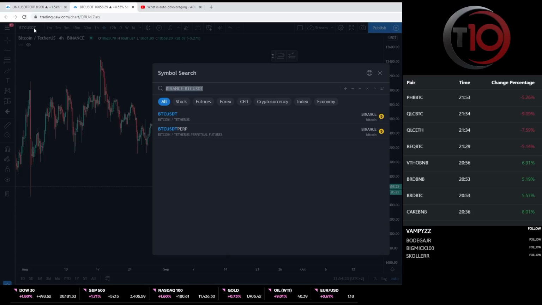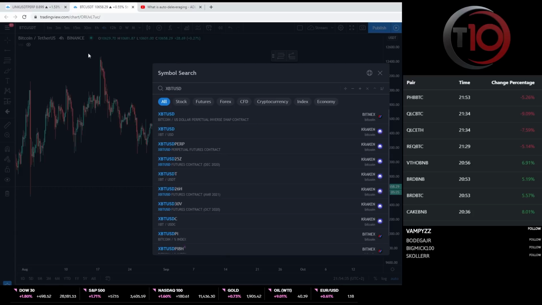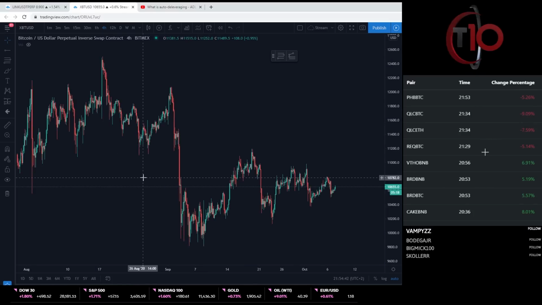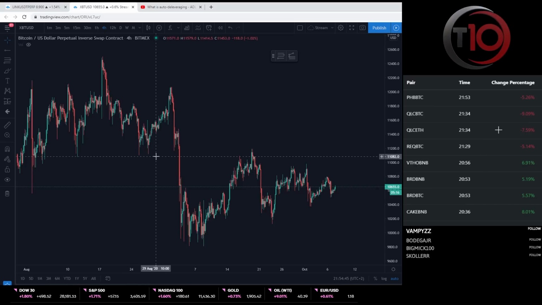Let's see, the chart is a little bit different in BitMEX. These levels to the right. Yeah, no, okay, not really.